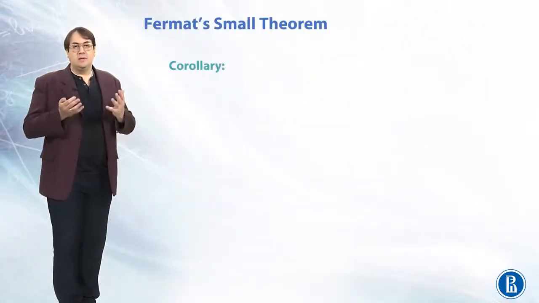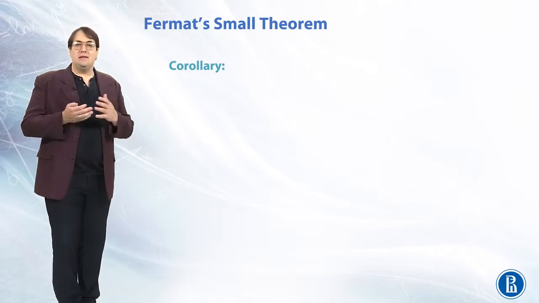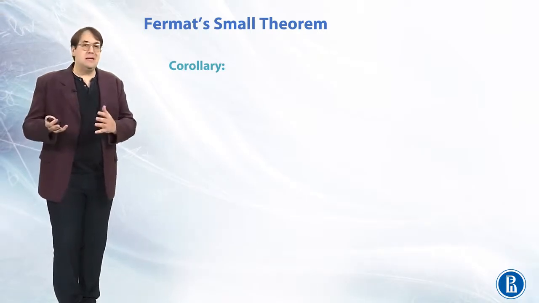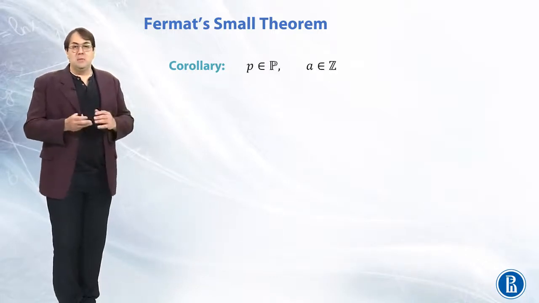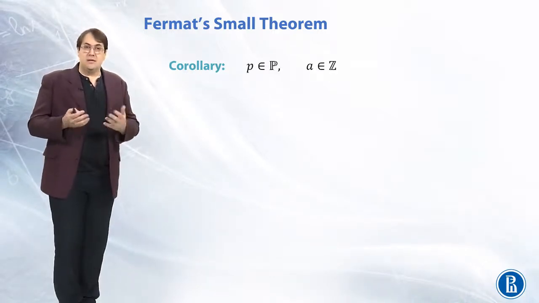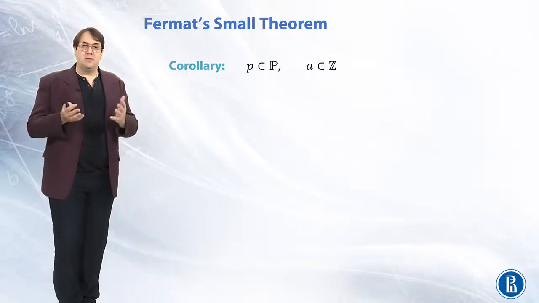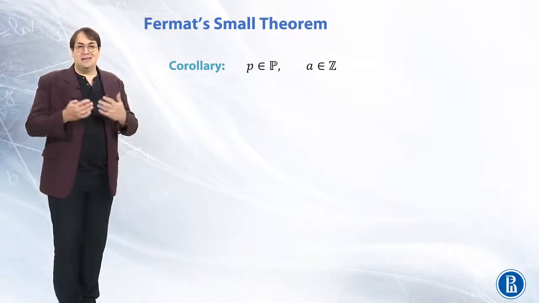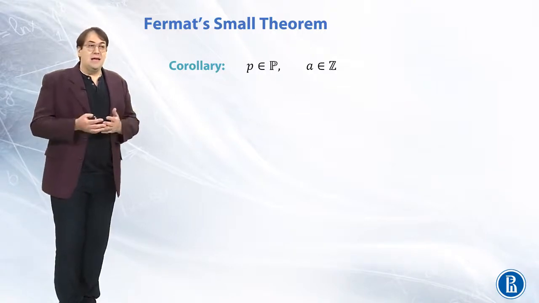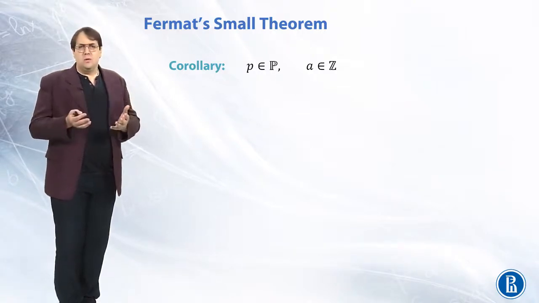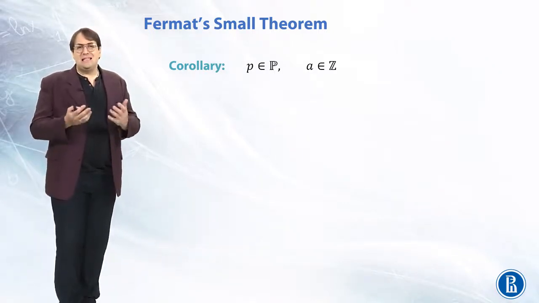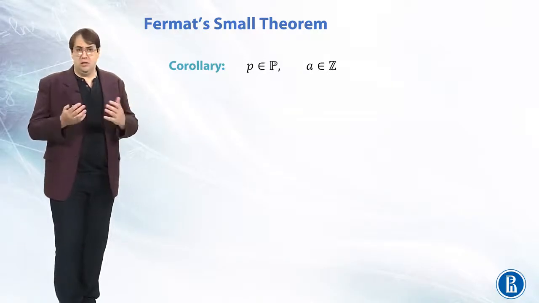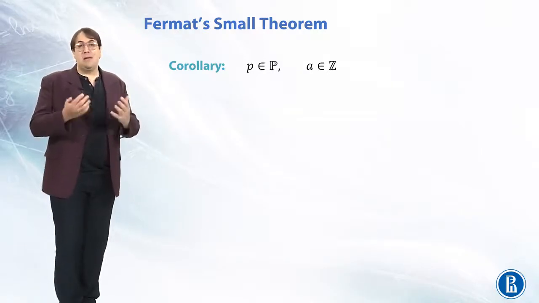What about numbers that are maybe divisible by p or maybe not divisible by p? If we consider, once again, an arbitrary prime number p and an arbitrary integer a, and we don't know whether a is mutually prime with p or is divisible by p, can we say something in general about a to some power?